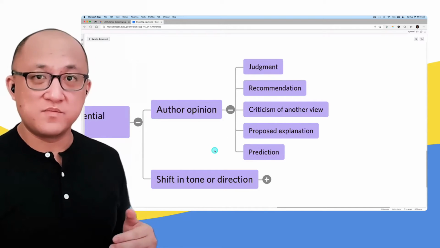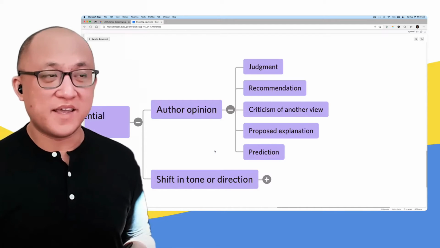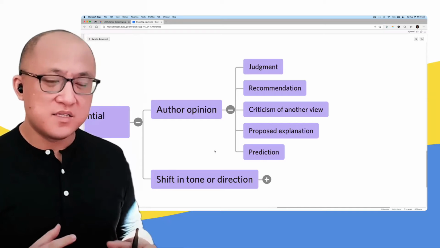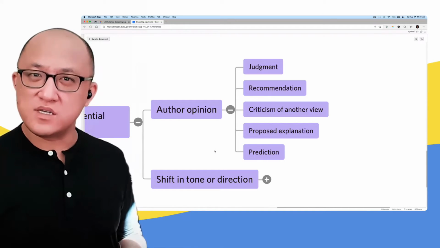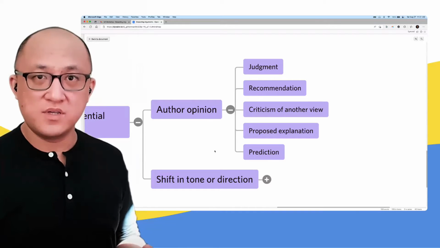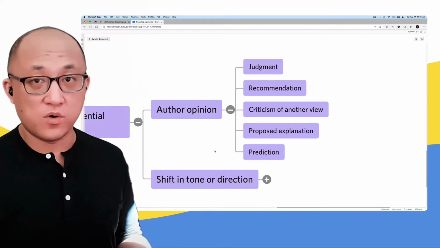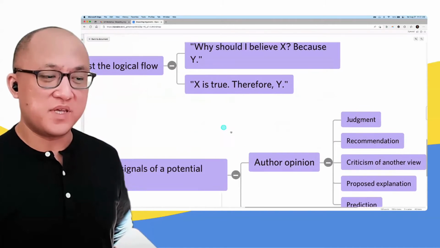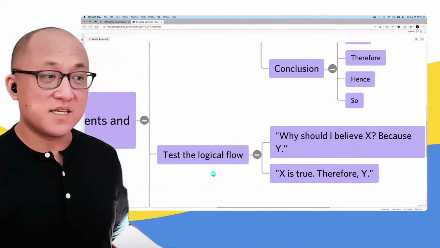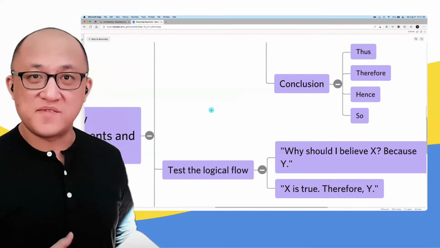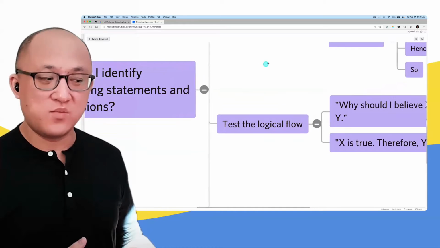The Chinese Peruvian restaurant is a welcome addition to our neighborhood. If I look at that and I say, it seems like a conclusion, it is a statement of opinion, what am I going to ask to actually prove that it is a conclusion or tell whether it's not? Any ideas? Could it be, yes, it's the why test. I'm going to test the logical flow. Do I get a reason for why this fusion restaurant is a good addition to our neighborhood?